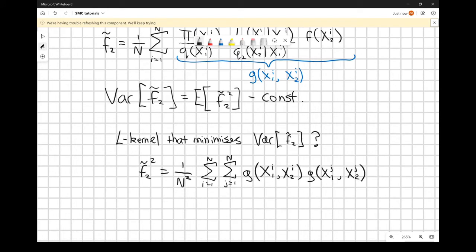So we have to include, at least initially, all these terms where i is not equal to j.